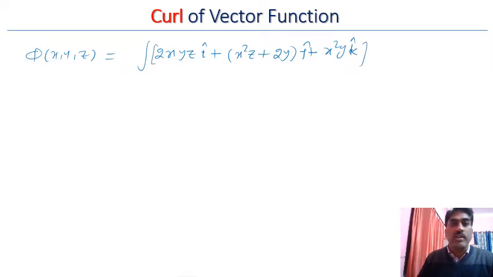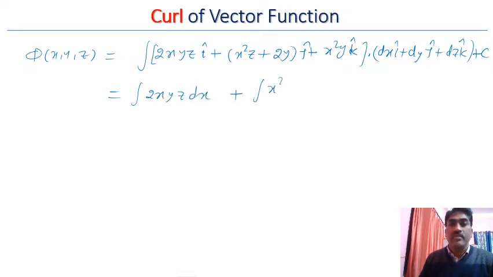This into what is dr? dr is dx i plus dy j plus dz k, and a constant of integration. So you can write it as 2xyz dx plus (x square z plus 2y) dy plus 2y dz plus the constant of integration.